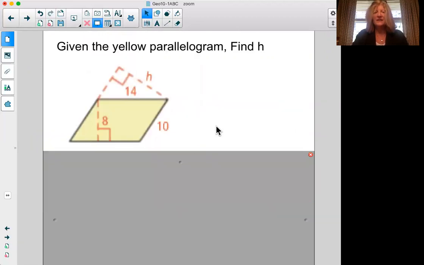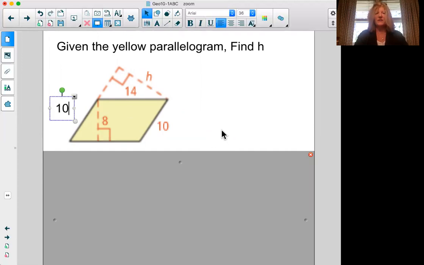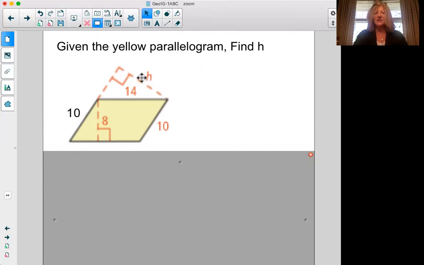Pause, find the height, and then press play for the solution. First, I'm going to find the area with the information that I do have, and then I will know that 10 times h equals the same area.